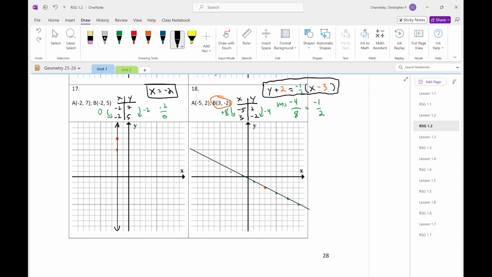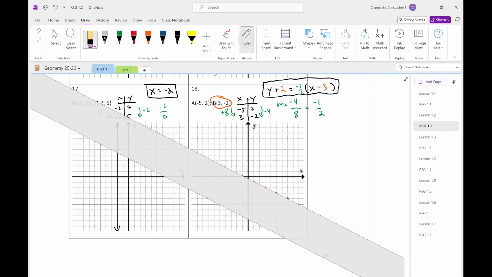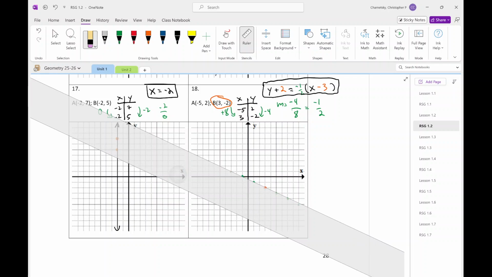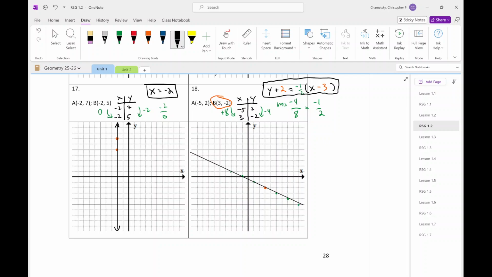One way you can check if you have done this correctly is you can look at, oh, that line is not very good. Let's try and line that up a little bit better. Just to show you, if we graph our line correctly, it should go through both of our points. So there's 3, negative 2, and then our other point, negative 5, 2, is right there. So our line does in fact go through both of our points A and B.